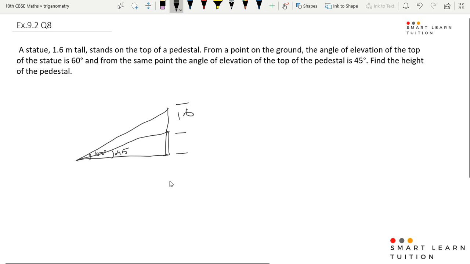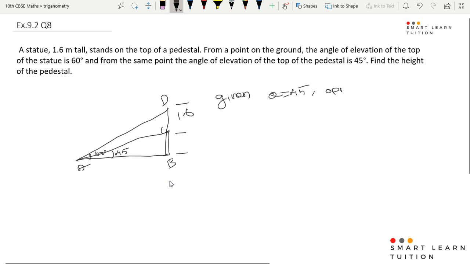So first we will take the smaller triangle. A, B, C, D. Given theta equals 45.